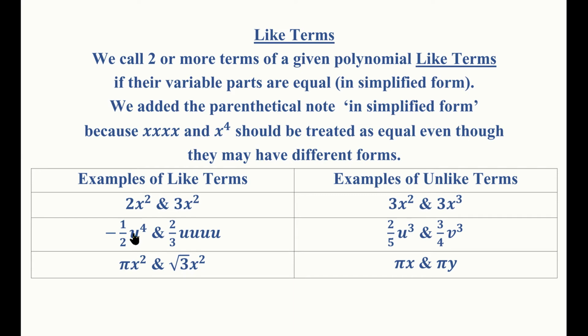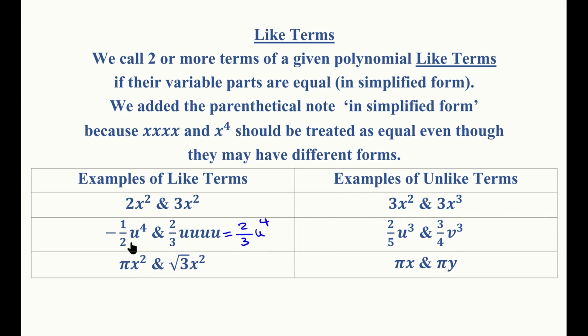Notice that here they look a little bit different. That's why we said in simplified form, because on the surface of things they look different. But if you know your exponents, you know that this second term can be written as 2/3 u to the 4. So now we can see that indeed they are like terms.